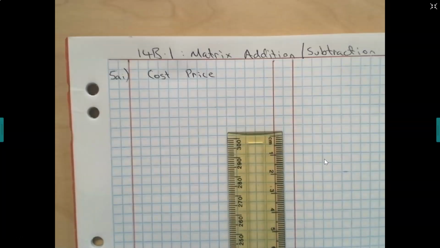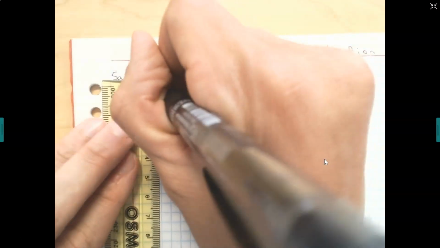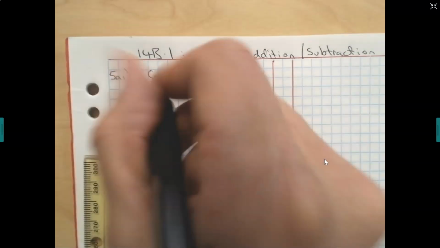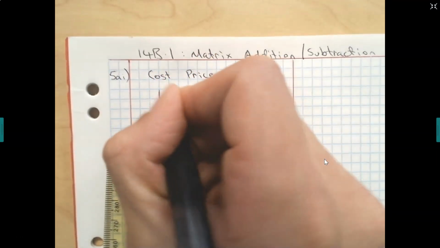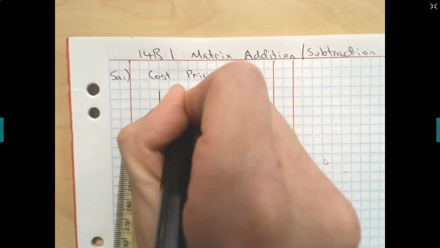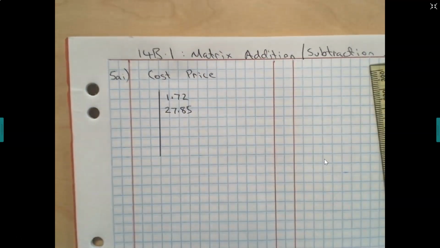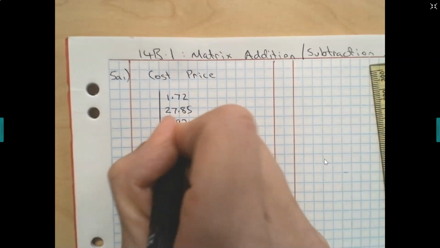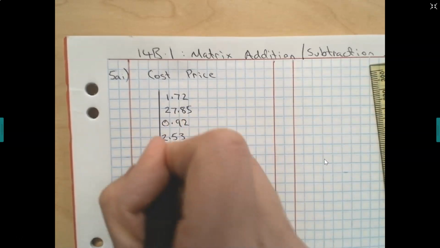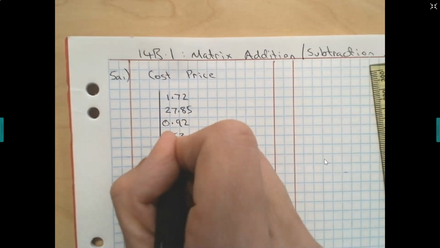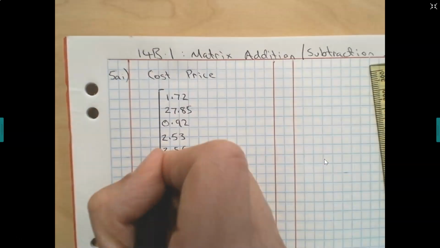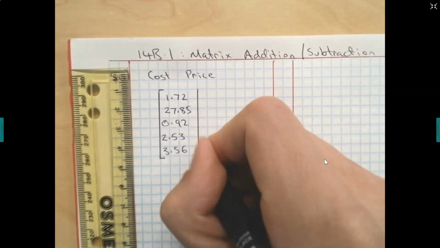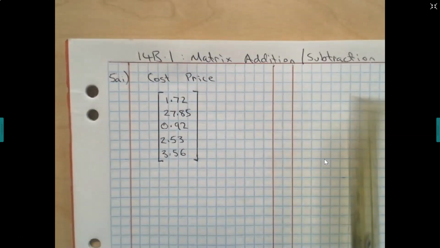So the matrix will look like this. 1.72, 27.85, 0.92, 2.53, and 3.56. So that's the matrix for the cost price.